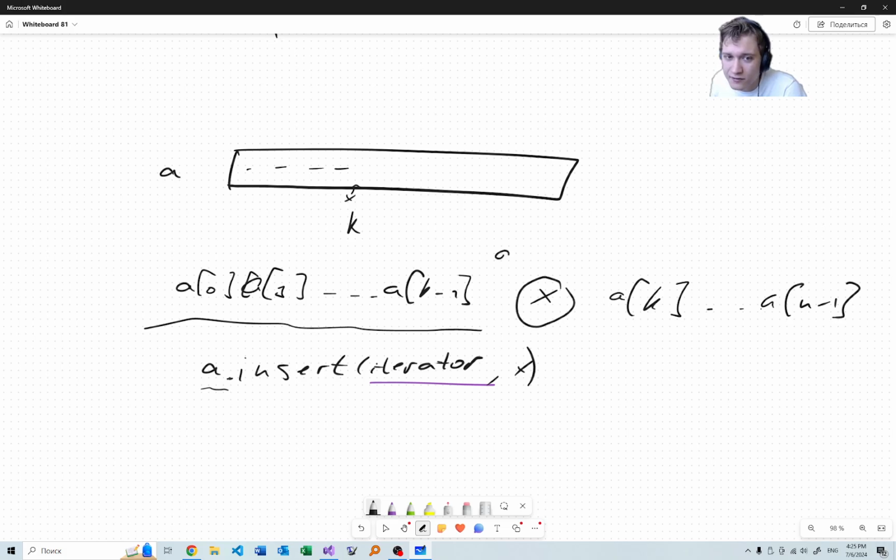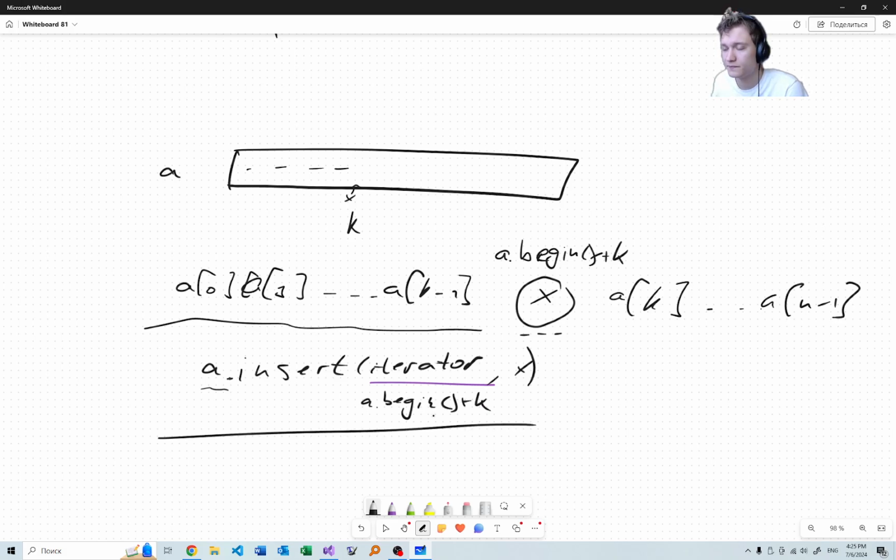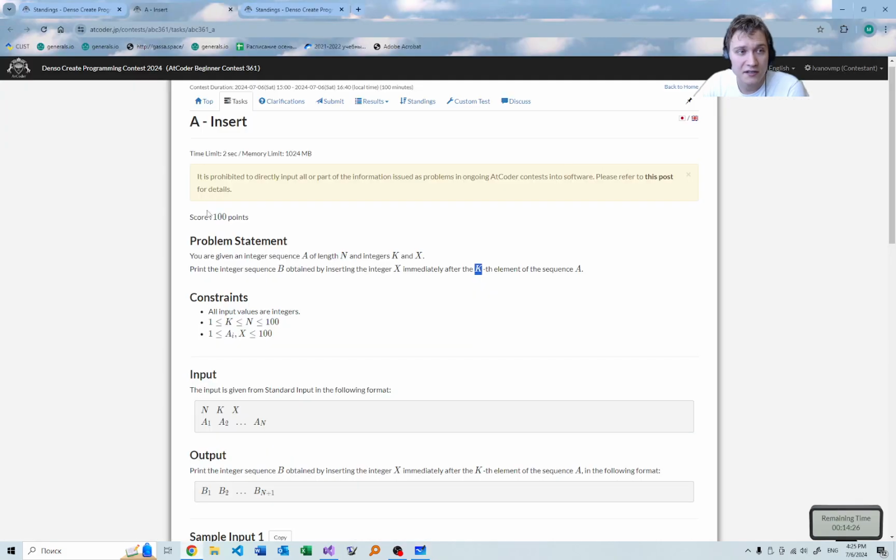Easily you can see that the future iterator of this element will be a begin plus k, because it will be the future kth element in zero indexation. Therefore, I just write here a begin plus k, and this works. Basically, that's it.